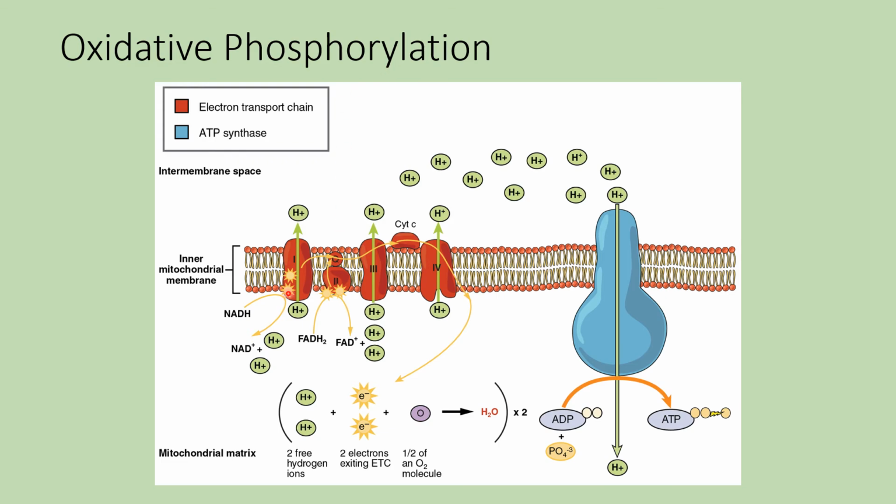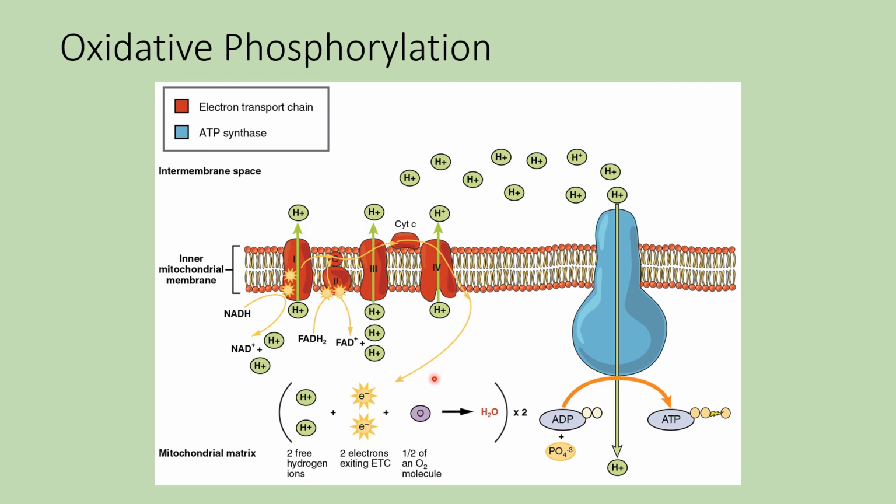And then here you pass the electrons, and it's going to move some more hydrogen, and then some more hydrogen. So what you are doing here is making a concentration gradient. You're taking the hydrogen ions here and moving them over here, so now the concentration is getting very high over here.